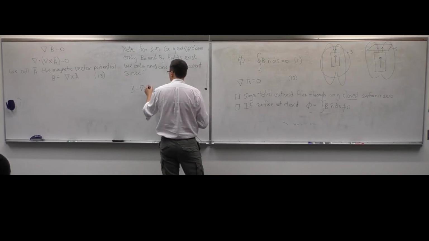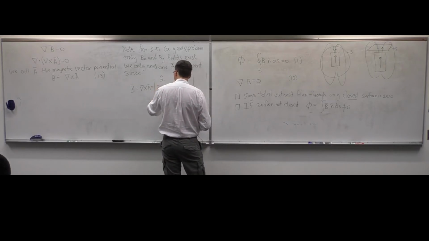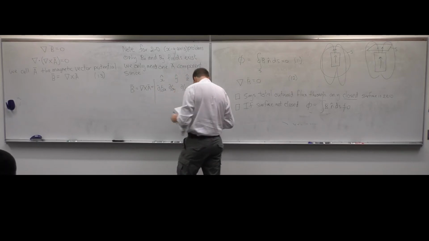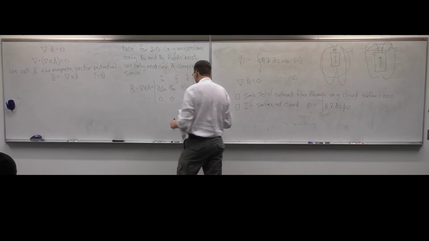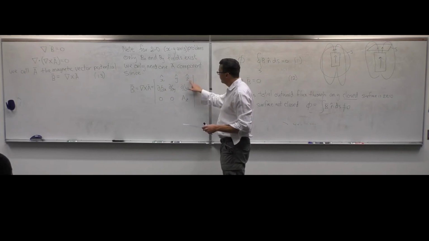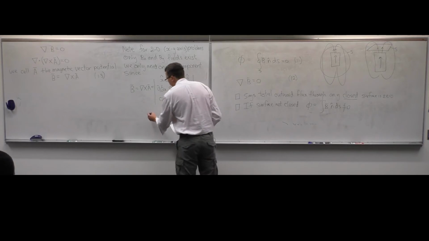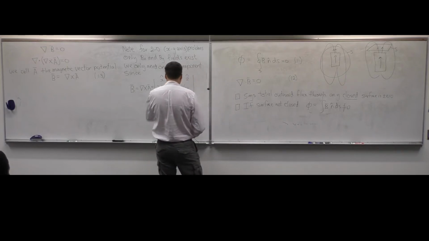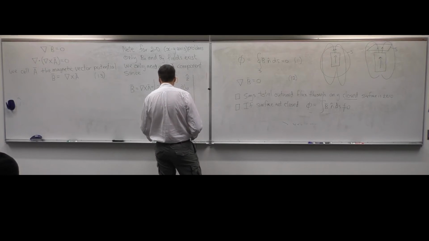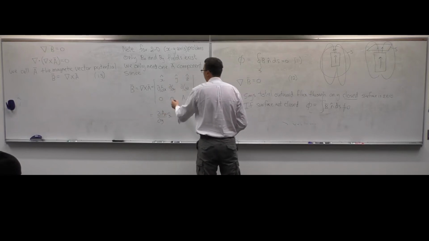So if we write out this cross product, when we only have a 2D problem, then we only need the Az term, the z component of A. If we evaluate this, taking the x term, we get del Az del y, and there's no second term, so that's x.